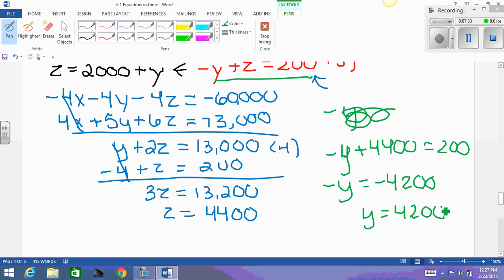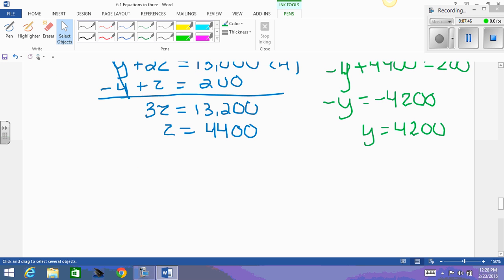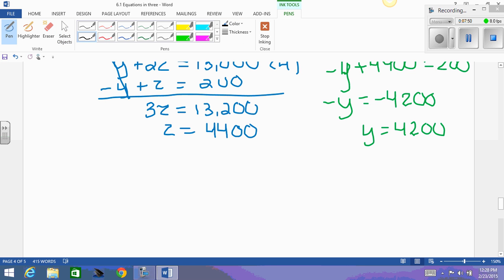Now I've got z and I've got y. Last step, find my x. We use the equation that we started with: x plus y plus z equals 15,000.